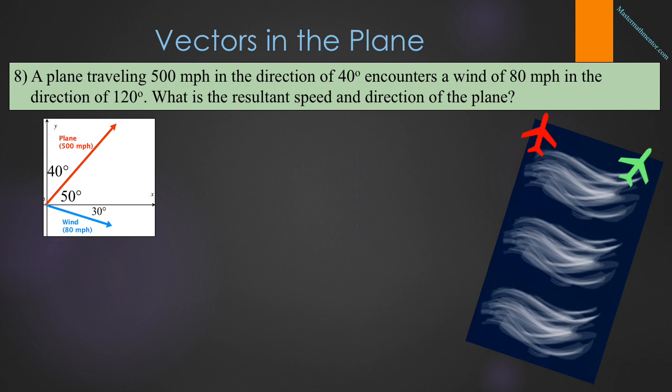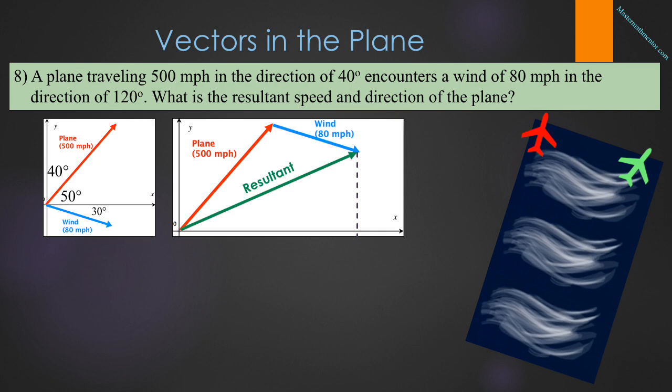So the plane traveling in the direction of 40 degrees is at a 40-degree angle to the north, while the wind at 120 degrees is shown on the diagram as an angle of 30 degrees to the x-axis. On the diagram, we see the vectors of the plane in red and the wind in blue.